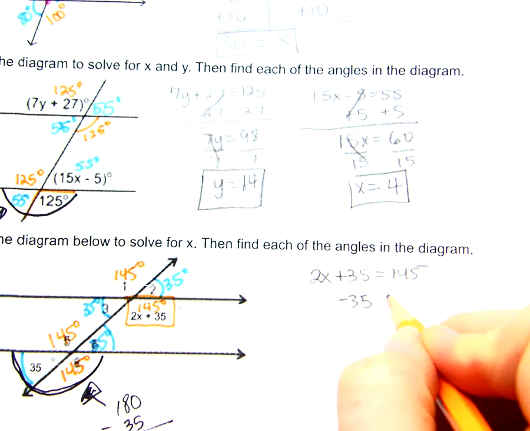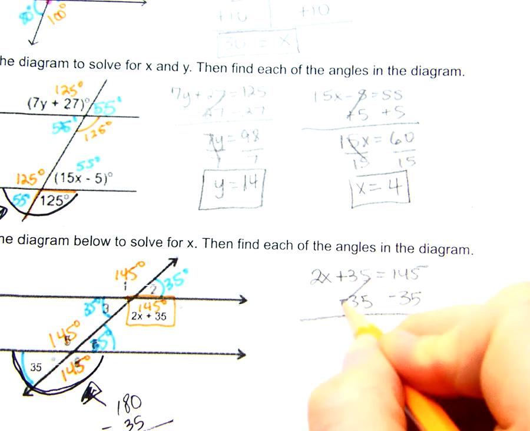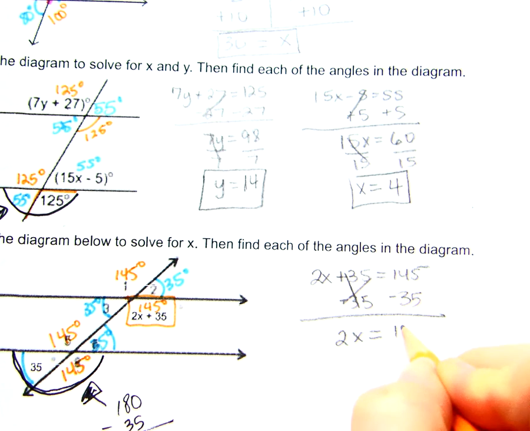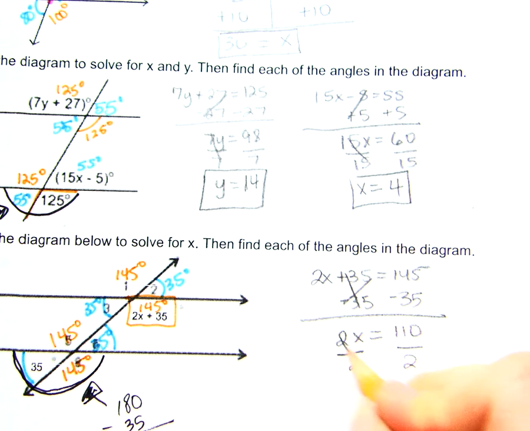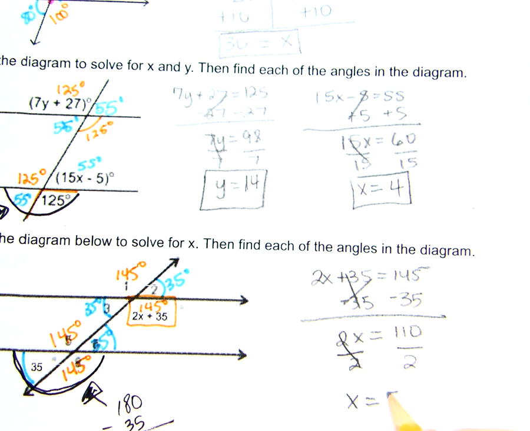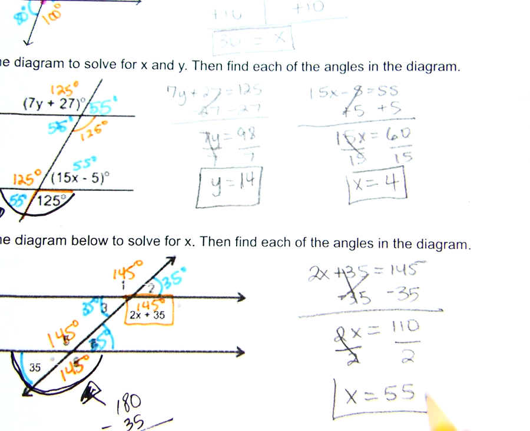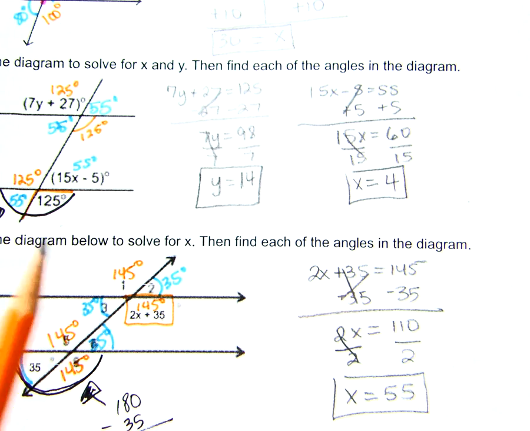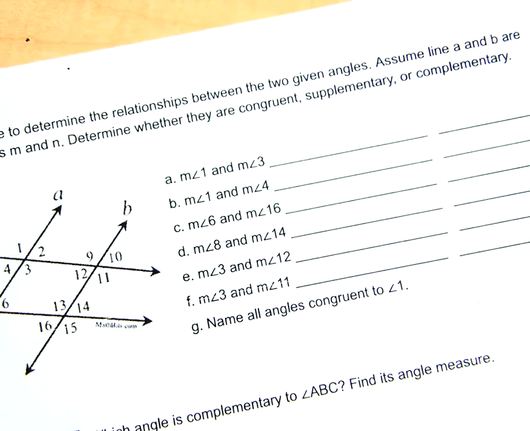Subtract 35, subtract 35, and I get 2x equals 110. Divide by 2, divide by 2. x is equal to 55. Right? And I can again check it, just 2 times 55 plus 35, to make sure that I really do get 145. Okay, moving on.